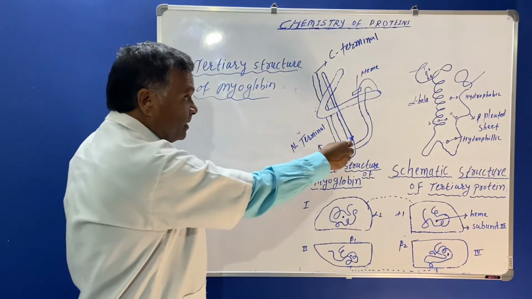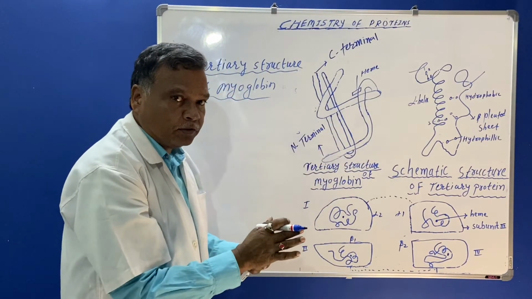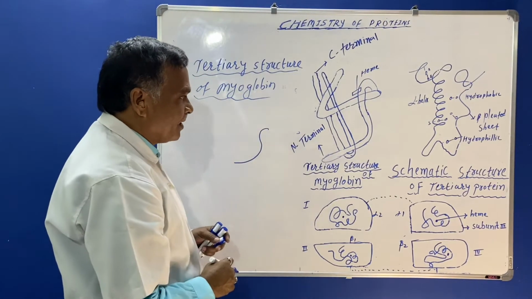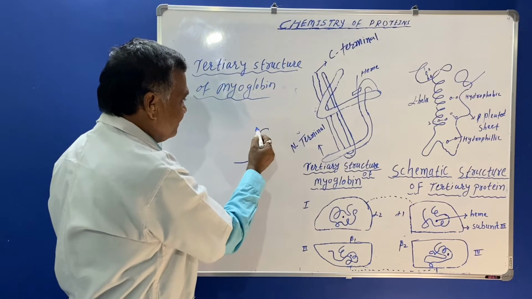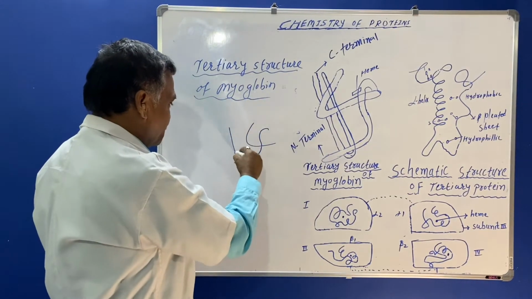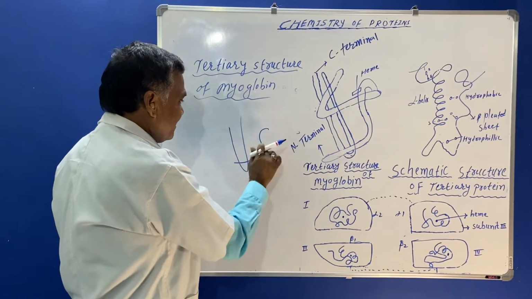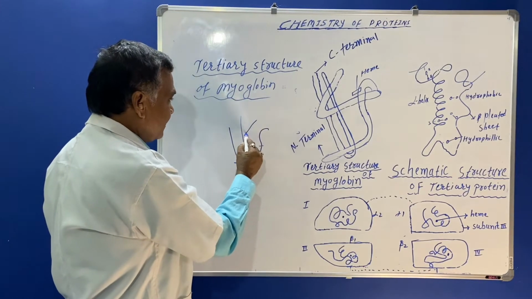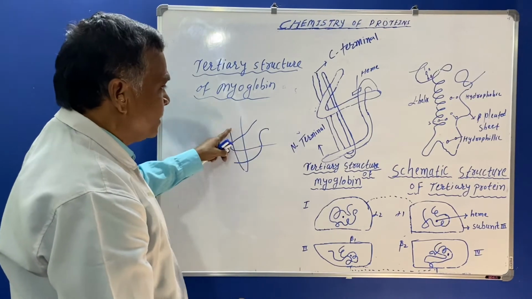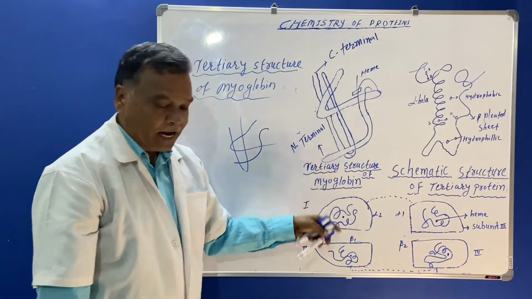Now here the simplification of the diagram is this. Don't worry about how to draw this. First you have to just draw S, then you have to draw V, and then you have to draw U. So this becomes the tertiary structure here. S, V and U. So this will be the structure that belongs to the myoglobin.